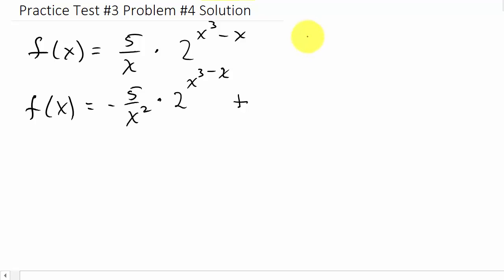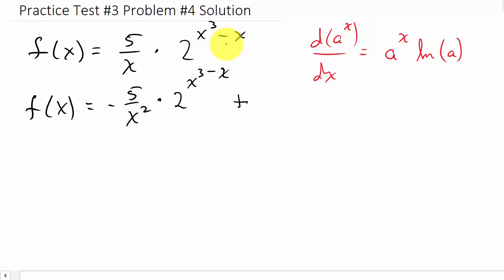Now, if you remember, the derivative of an exponential function is equal to that exponential function times the natural log of the base. And then, of course, whatever function is up here in the exponent, we would have to multiply this times the derivative of the exponent.